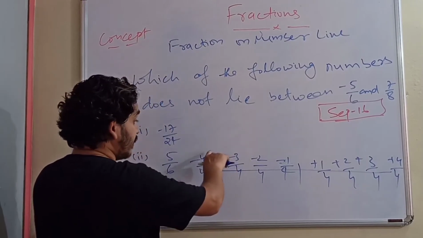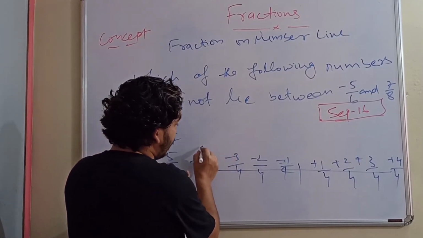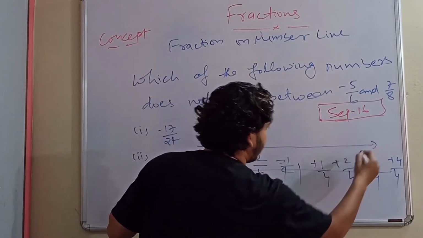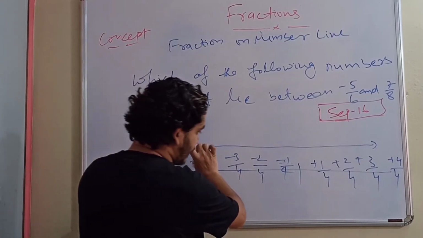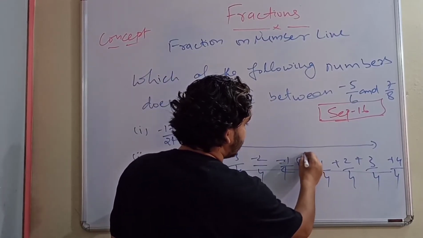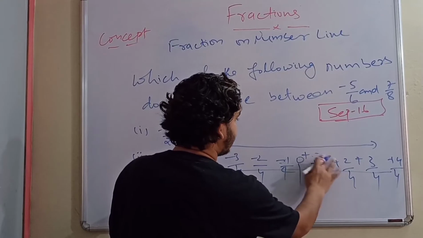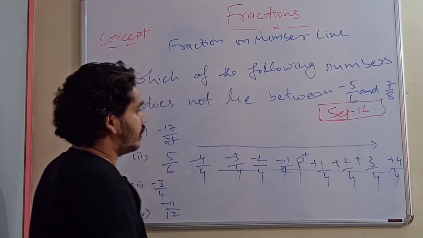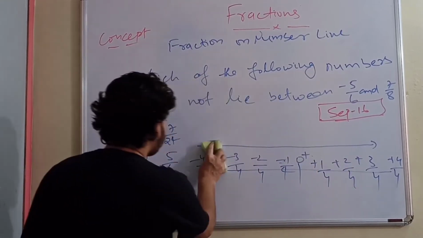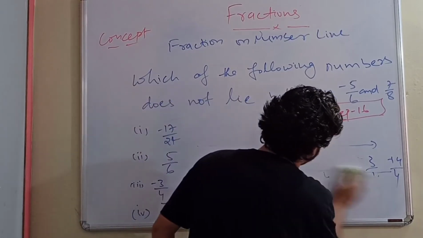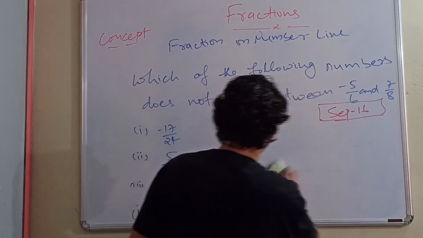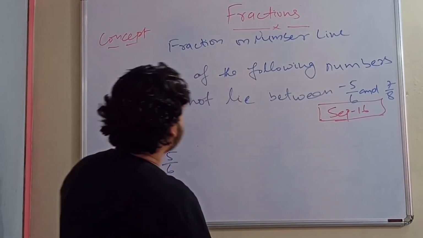Nothing but it follows in this direction. It reduces till 0 and then starts increasing in the positive direction. Then similarly, let's see that. So what is it saying?